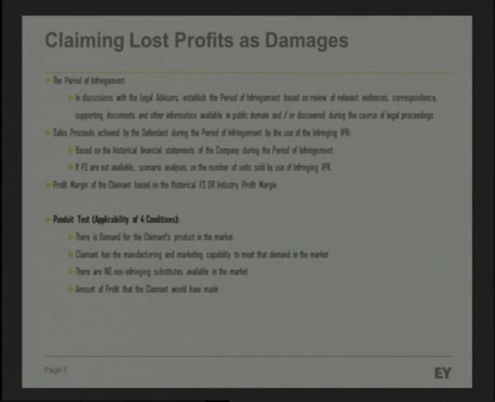This is very critical. If there are substitutes available in the market, this will affect the overall market positioning and demand for the claimant's product, which is condition number 3. And of course, there should be a reasonable benchmark available to establish the amount of profit that the claimant would have made. So these are generally the 4 conditions that are mentioned whenever a precedence is given to the Panduit test.